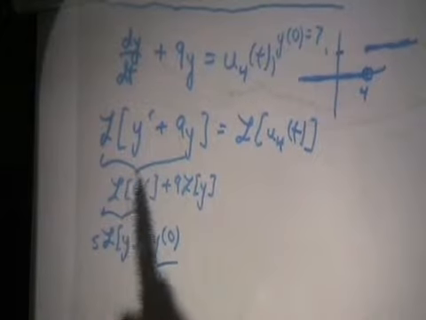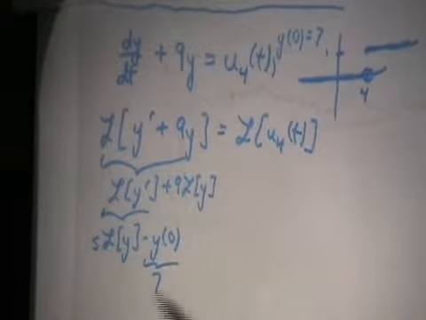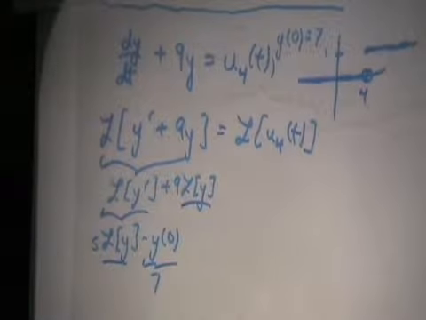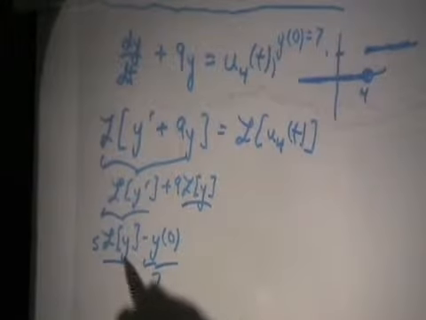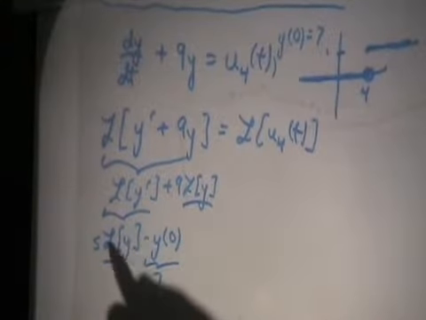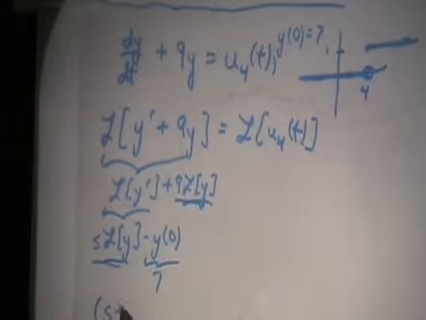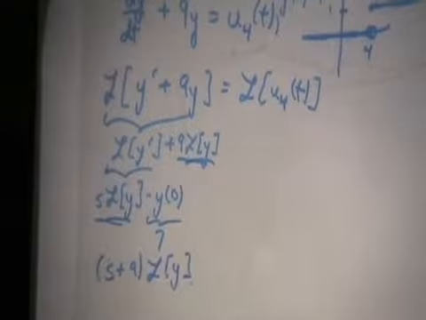And this looks a little complicated, the way I did this here, algebraically, but there are two expressions involving the Laplace transform of y, this one and this one. Everything else is a constant. Well, I guess I have an s there. I can factor out the Laplace transform of this term and this term to leave me with s plus 9 times the Laplace transform of y.